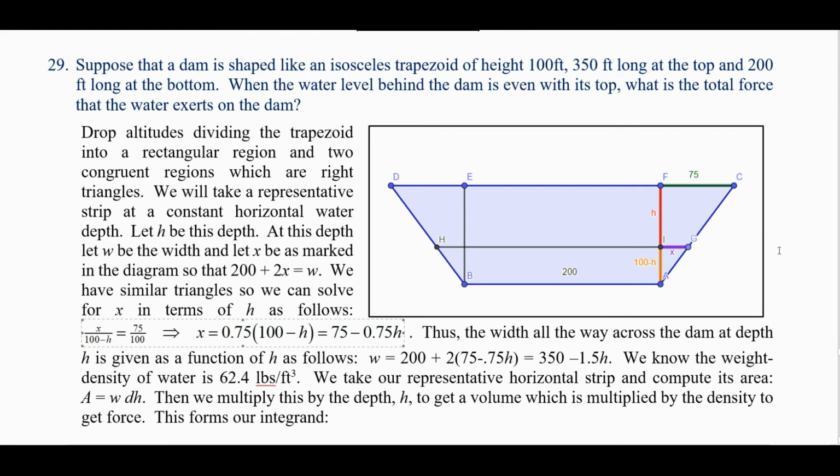So now what's the width all the way across? Well, we've got the 200 across the middle rectangle part plus 2 of these x's, one on both sides. So the width is 200 plus 2 times that x, and distributing, that's 150 plus 200, which is 350, minus 1.5 times the h.